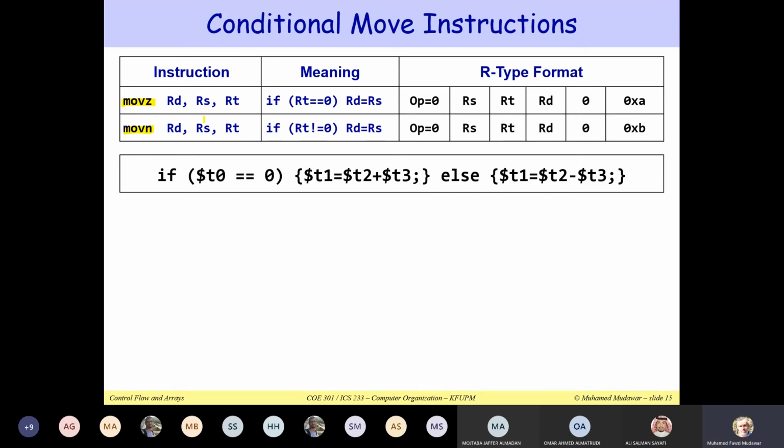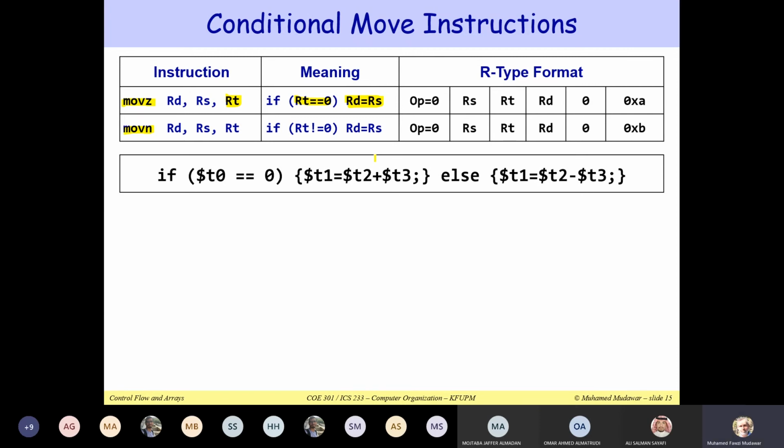The first instruction is going to check the value of register RT. If the value of RT is equal to 0, it will copy RS into RD. Basically it's going to move the value of RS into RD, but conditionally, if the value of RT is equal to 0. If the value of RT is different from 0, move Z will not really move anything.